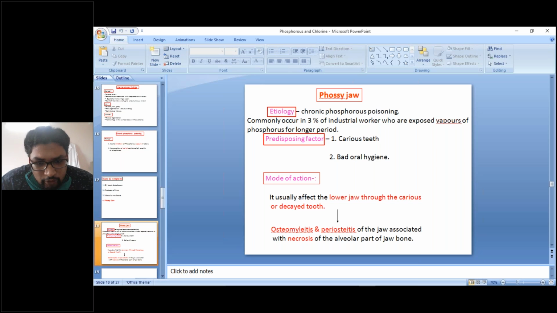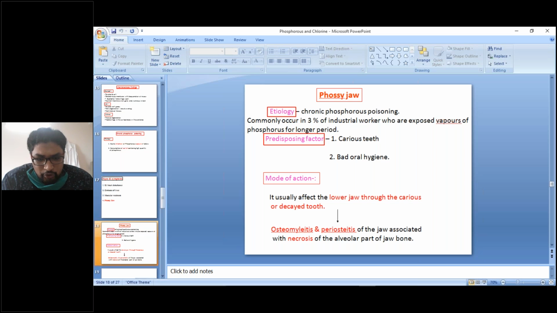So what is the mechanism of this occurrence of phossy jaw? It usually affects the lower jaw through caries or decayed tooth. So caries teeth or decayed tooth is the entrance through which the vapors of phosphorus will enter and affect the lower jaw.